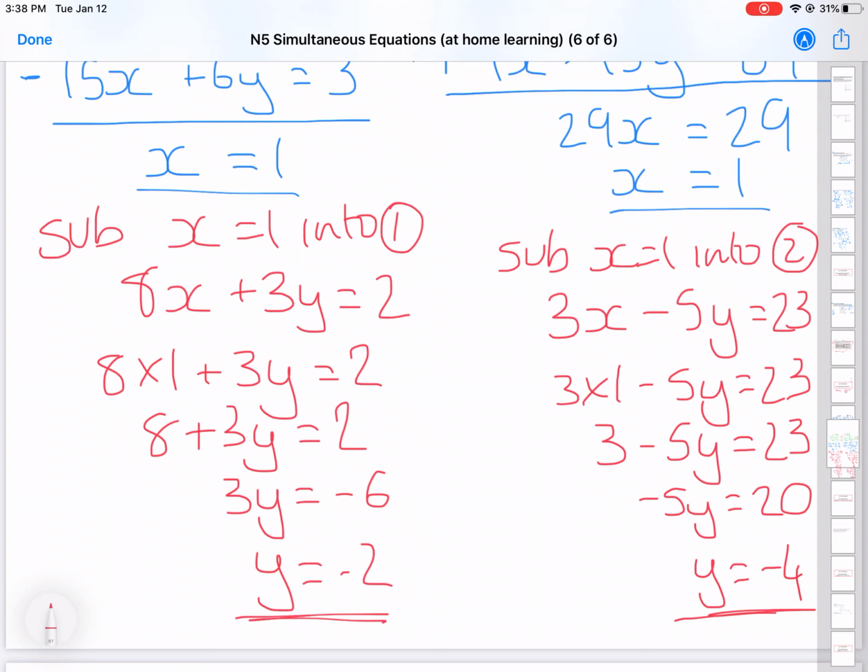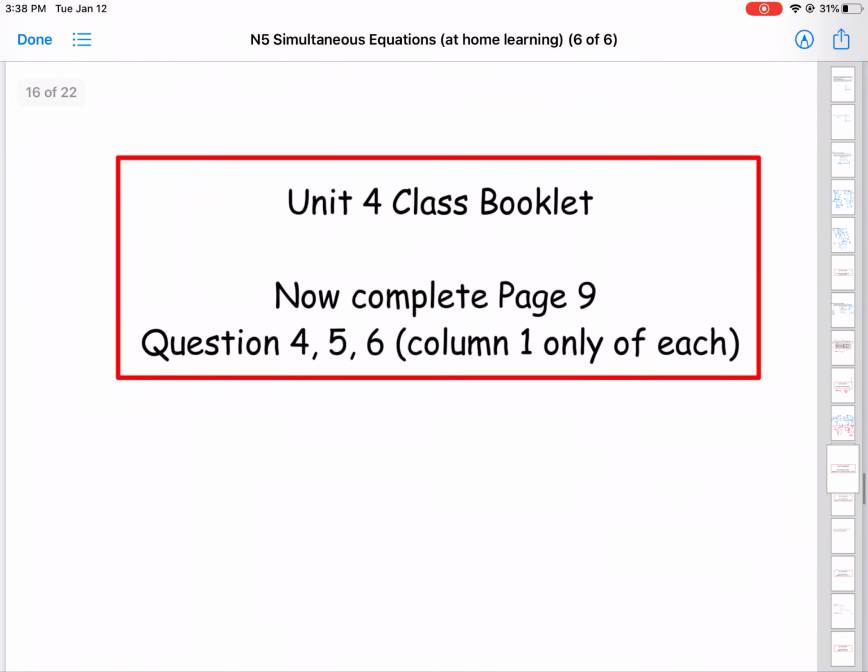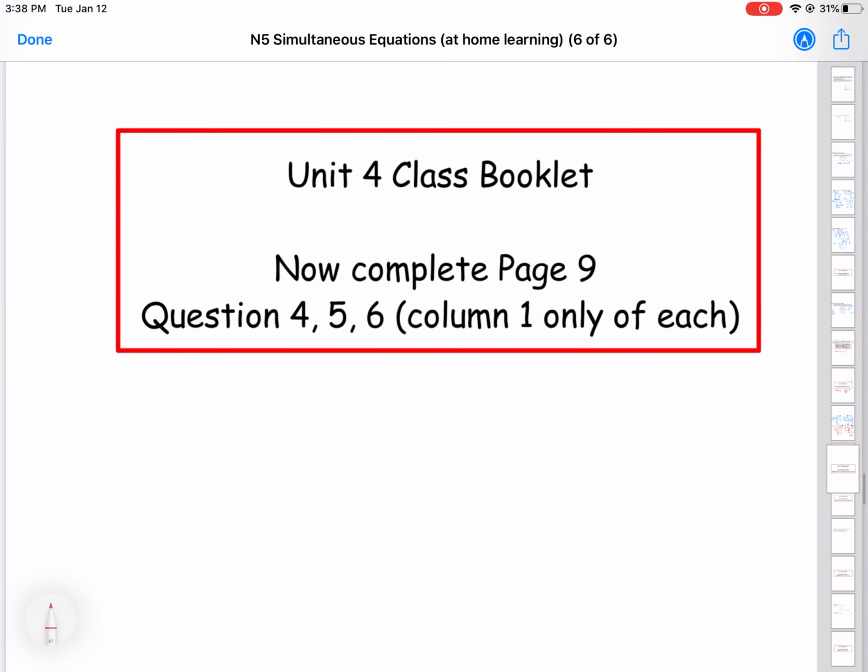Okay, and if we scroll down further, there are a whole lot of questions on this. Additionally, you could complete question 3 as well. But I will be posting individual questions to do. So when I'm doing the live lessons, I'll be telling you to do this question, A, B and C, this question, first column and so on.